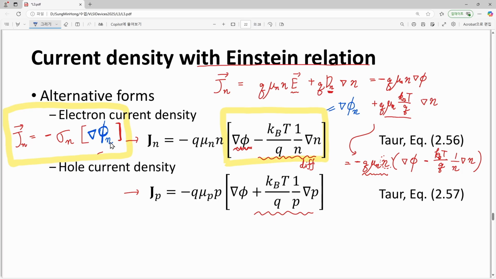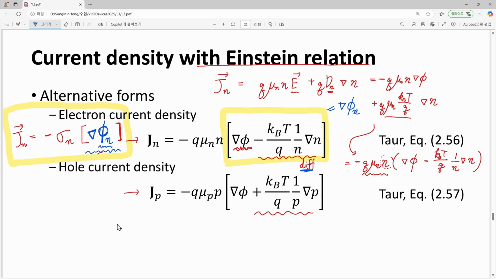So the role of electrostatic potential now can be done by this electron quasi-Fermi potential even when diffusion component is included in our transport behavior. So simply speaking, this one, gradient of electron quasi-Fermi potential, is the driving force for electron movement.